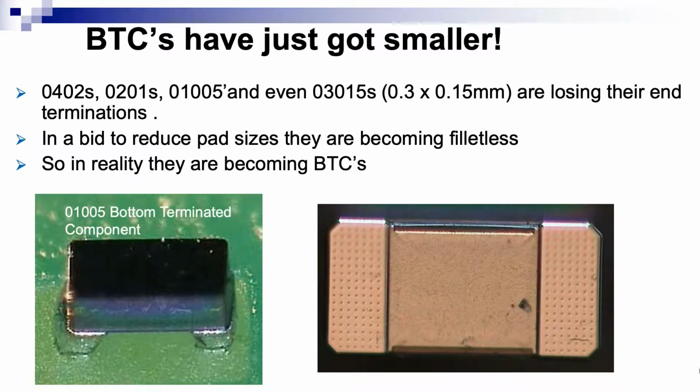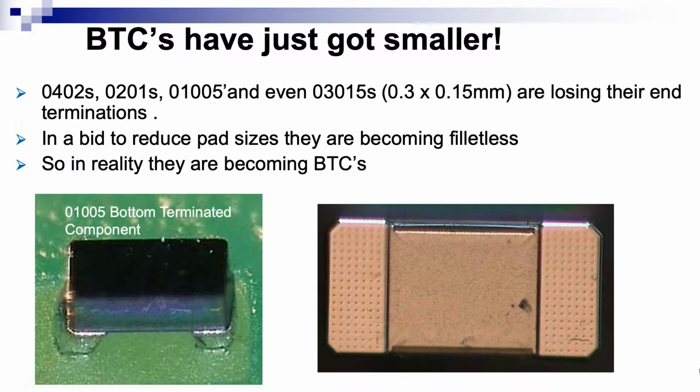I don't know if any or many of you are working with the unit that I will call 0.3 by 0.5 by 0.15 millimeters, or 01005 as the American systems will know them. Recently, I came across this component, and it did not have any fillets.